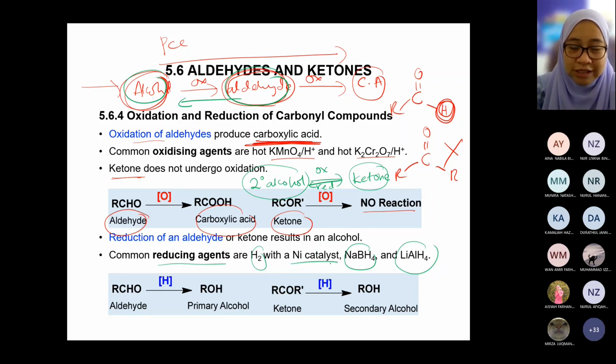So we will use nickel catalyst lah. Okay, so aldehyde can be reduced into primary alcohol. Ketone on the other hand will produce secondary alcohol. Ketone boleh reduce, tapi ketone tak boleh oxidize. Okay, sebab apa ketone tak boleh oxidize? Sebab there's no oxidizable hydrogen attached to the carbonyl group.